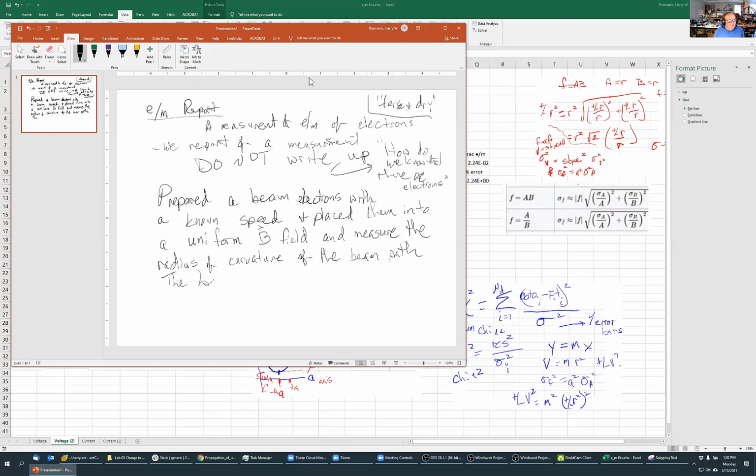The beam path was a circle. Well, let's see. Yeah, we could maybe reword it a little bit differently.